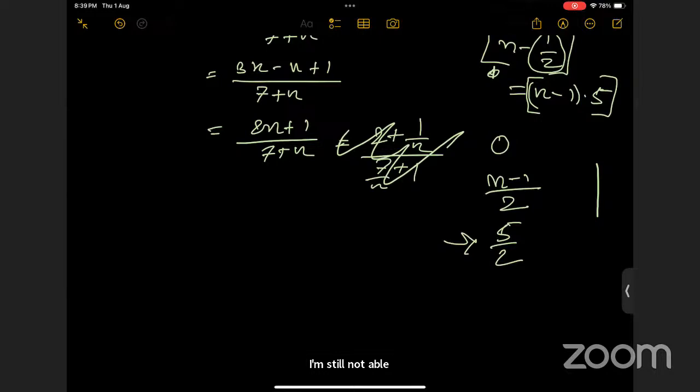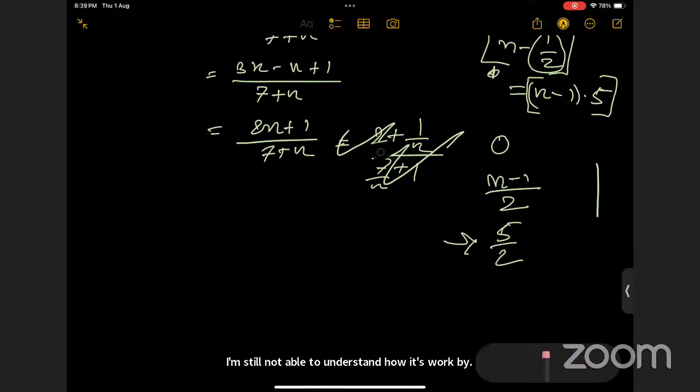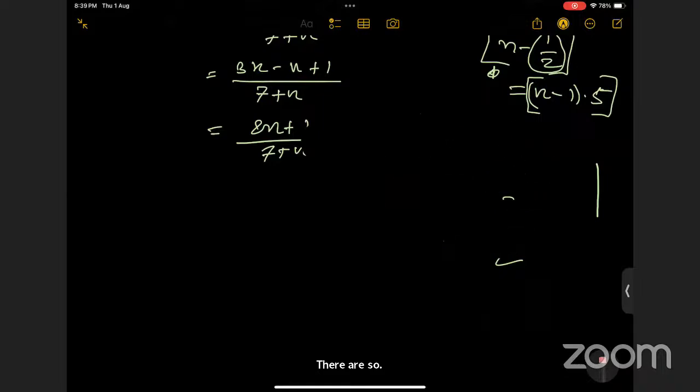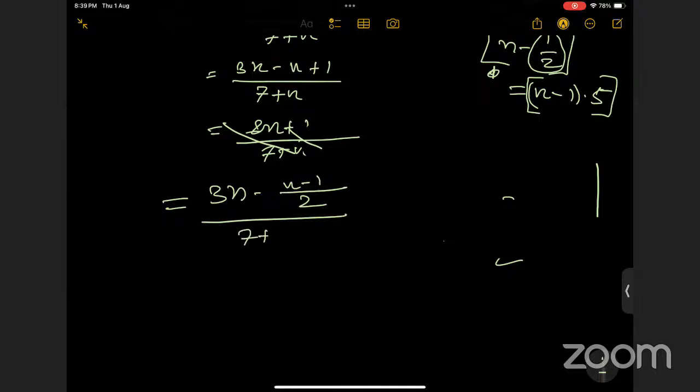Okay, you can then simplify this, no? Ma'am, then how is this n minus 1?